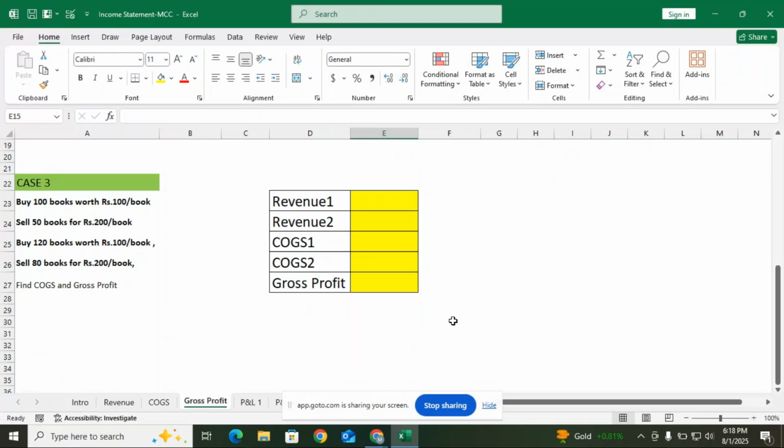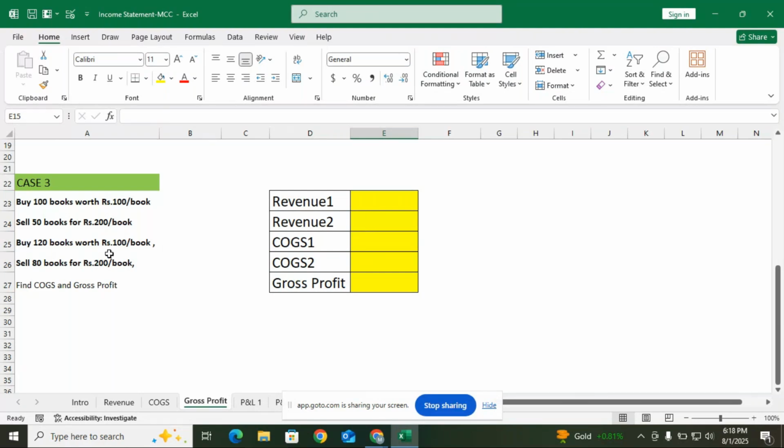So here you have two cases. See, in case 3, bought 100 books worth 100 per book. Out of 100 books bought, 50 books were sold, priced at 200 per book. So what is the revenue 1? 50 books are sold at a price of 200 per book, so 50 into 200. Revenue 2 is what?